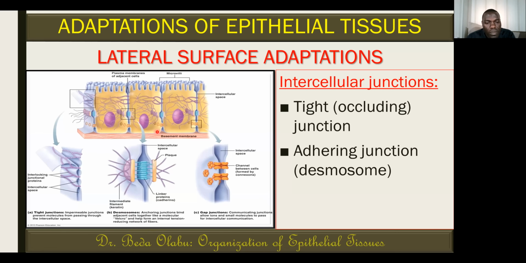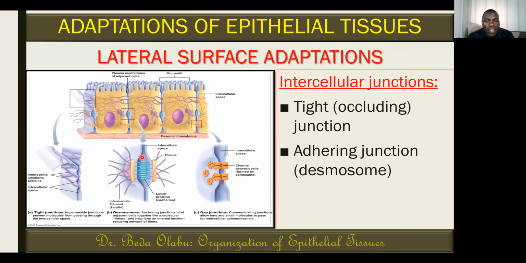Usually, each cell will provide something like a disc. So one disc on one side, the other disc on the other side, or let's say half a disc on this side, half a disc on this side. The two combine to form desmosomes for holding adjacent cells together.